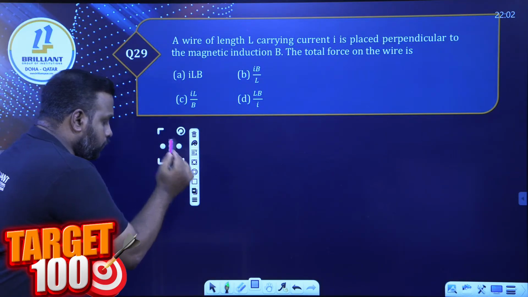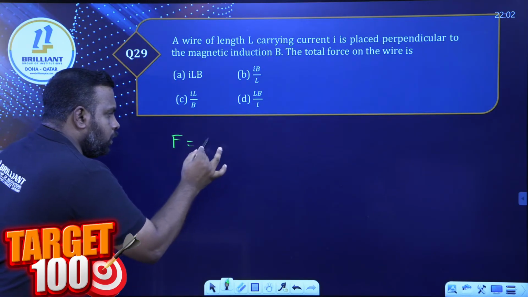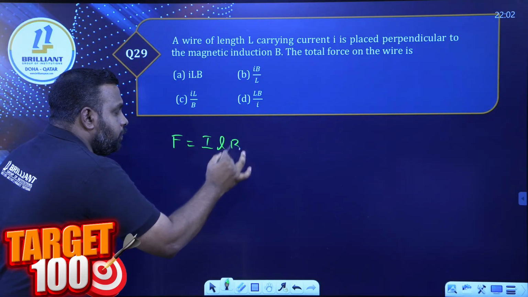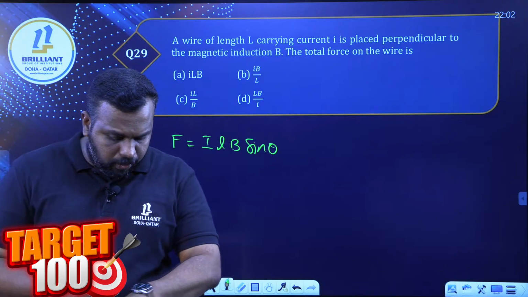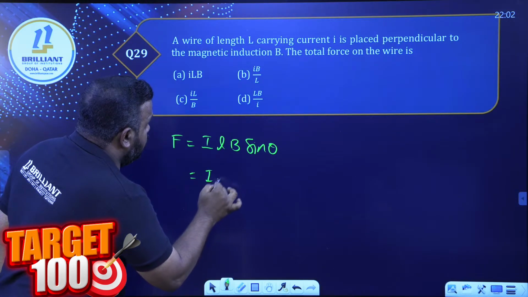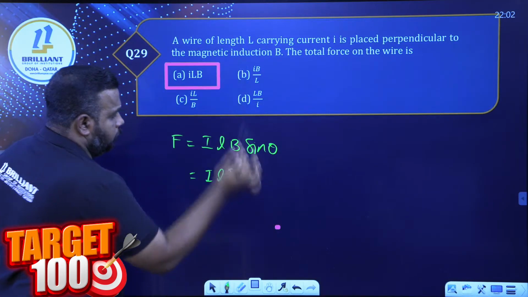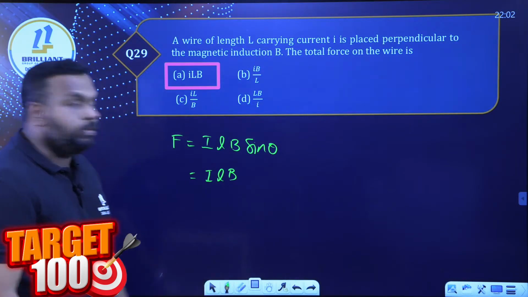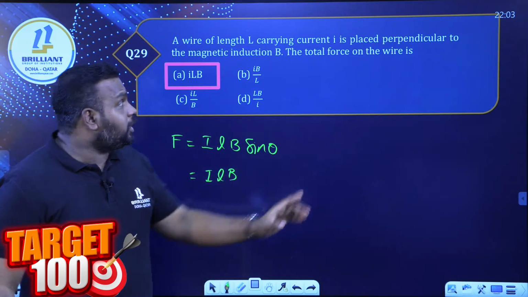F is equal to ILB sin theta. Perpendicular, so we can write theta 90. The answer is ILB. Option A is our right answer. Very simple question. Very good. Can I go to the next?